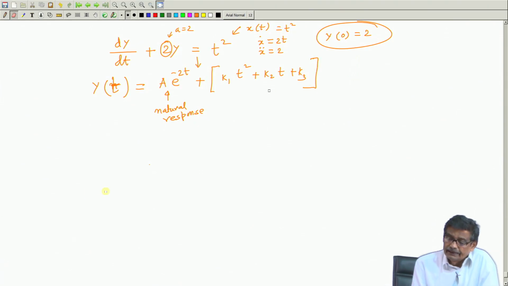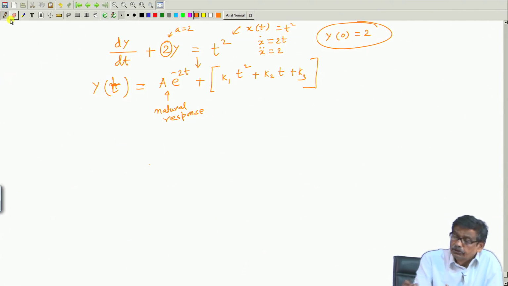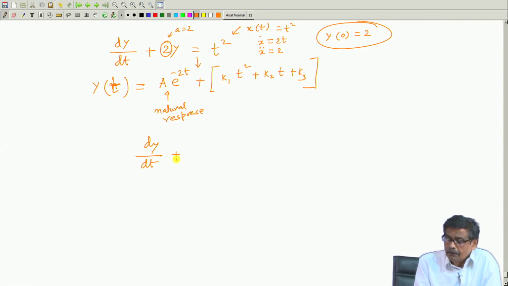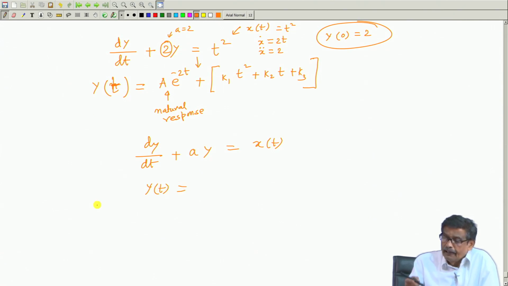I will carry on with this in the next class, but the crux of the matter is, if you are given a differential equation dy/dt plus some constant into y is equal to some x(t), we say the total solution will be a linear combination of the forcing function and its higher order derivatives.